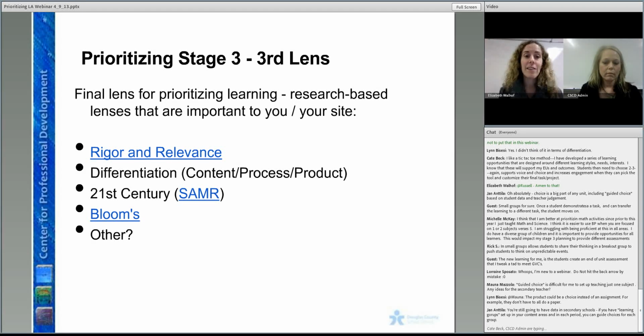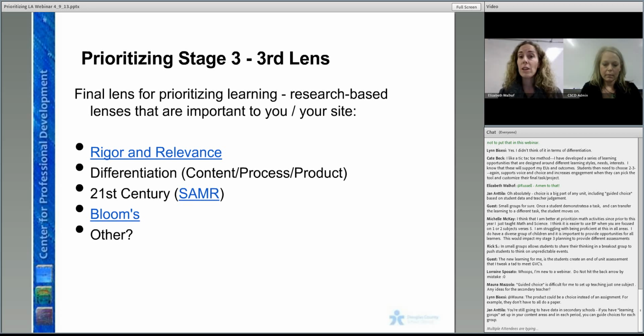And then this is the third lens that we chose, which was lenses that might also be important to you personally in terms of stretch goals or to your site. So those could be things like rigor and relevance, differentiation according to content, process, or product, the SAMR model, like how am I integrating 21st century skills, to what level, am I doing it more at a surface level, at a substitution level, or has it really redefined or revolutionized how I'm doing things?